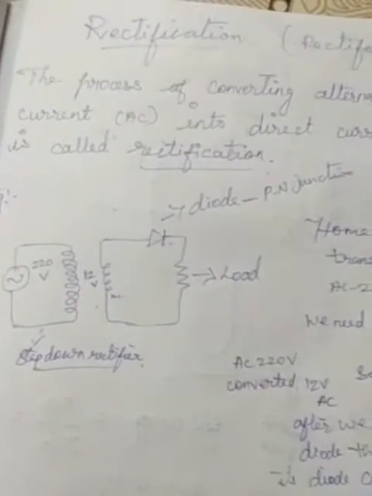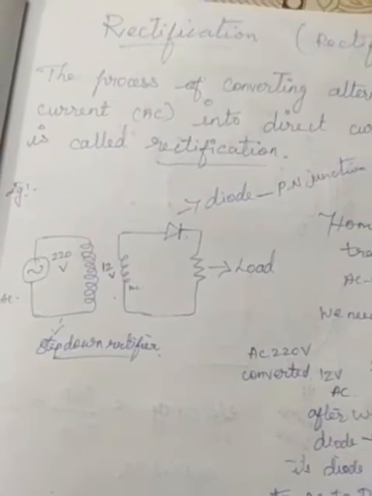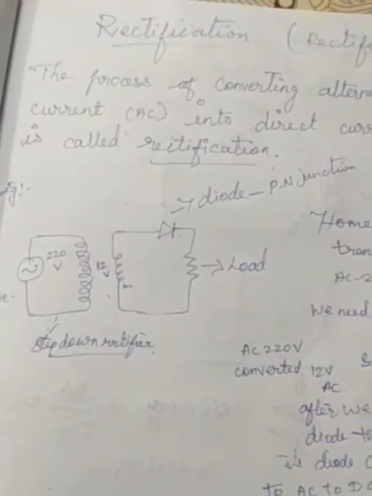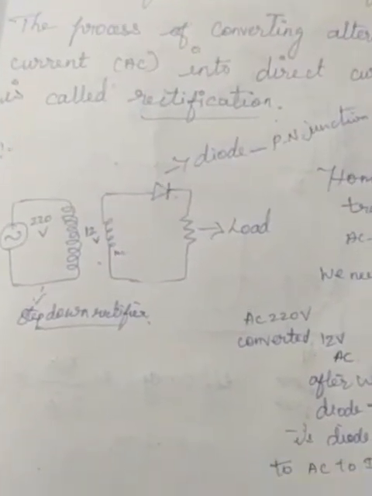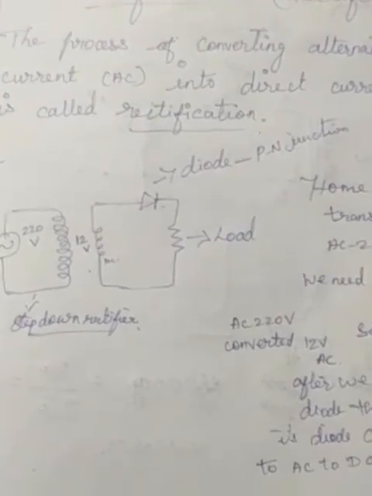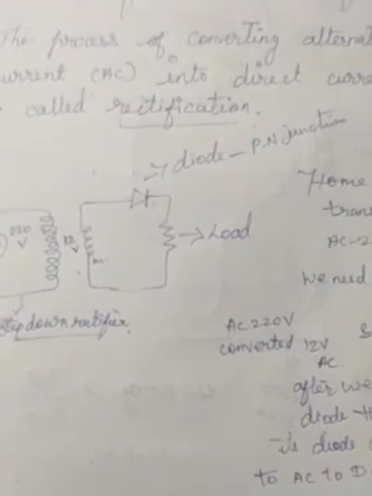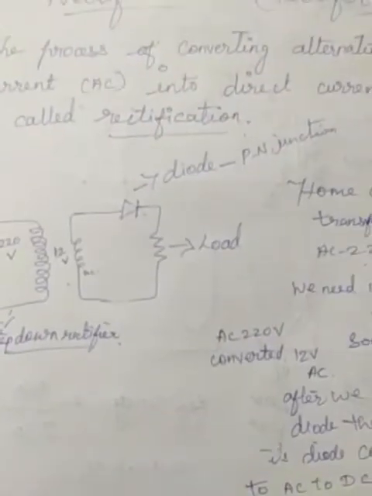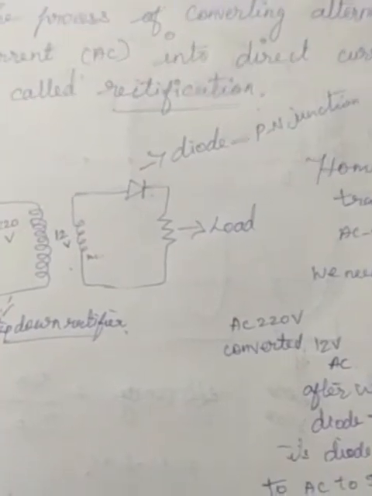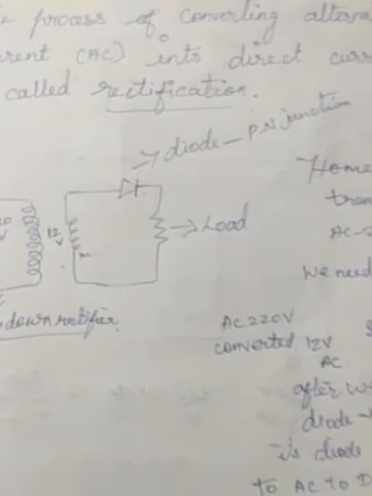So the AC is converted to DC current. The total current value coming into our homes is 220 volt. What does the rectifier do first? Based on how much voltage we need, for example 12 volt, first the 220 volt AC current is converted to 12 volt AC current.